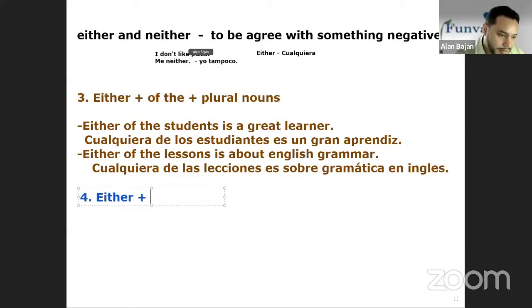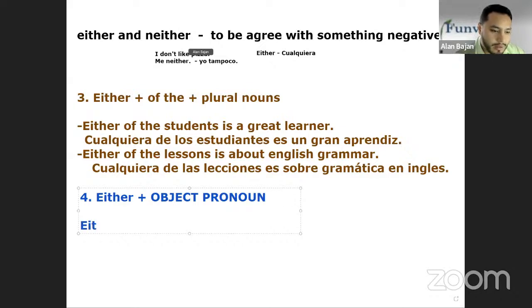Either plus object pronoun. I want to eat a hamburger.